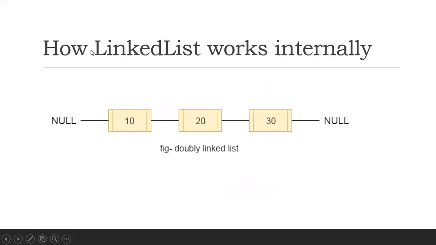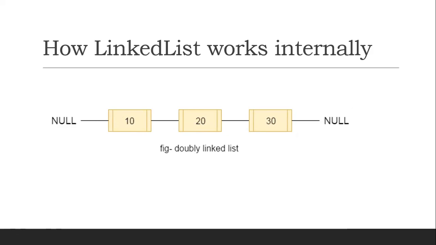How linked list works internally. Here in this example, we show how the nodes are connected. This is a doubly linked list. Since a linked list acts as a dynamic array, we do not have to specify the size while creating it.